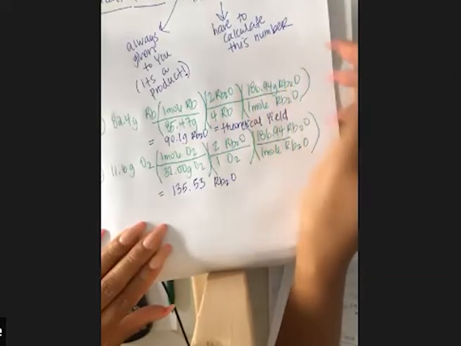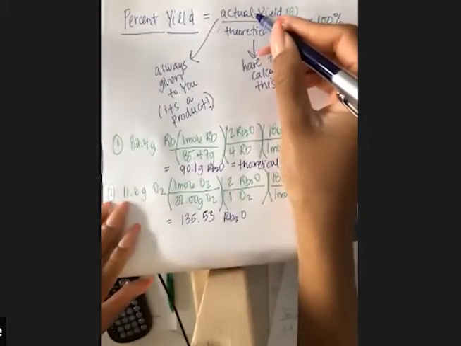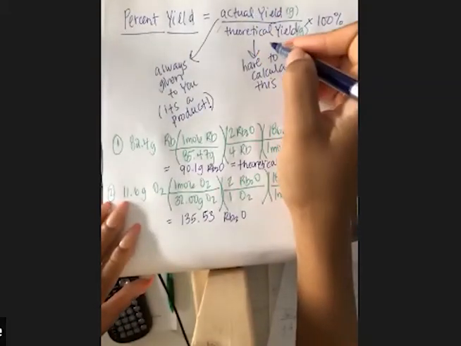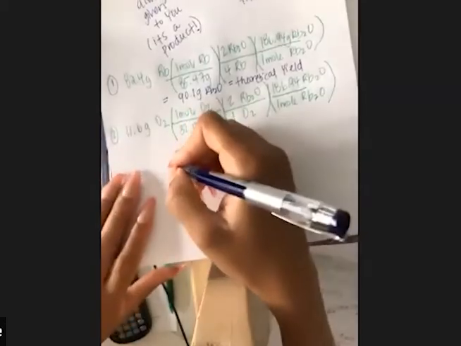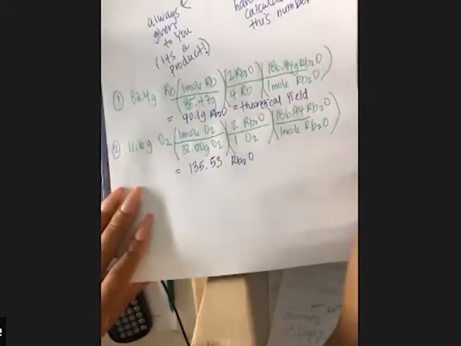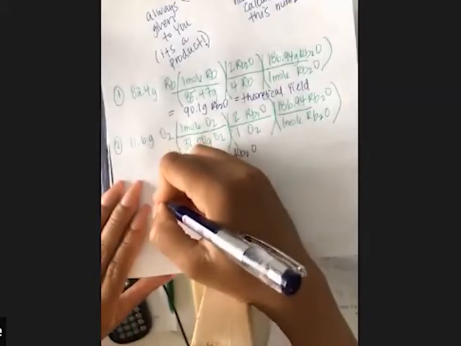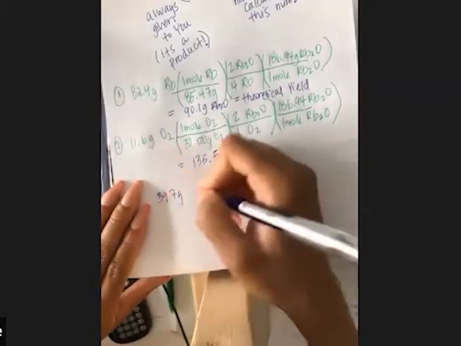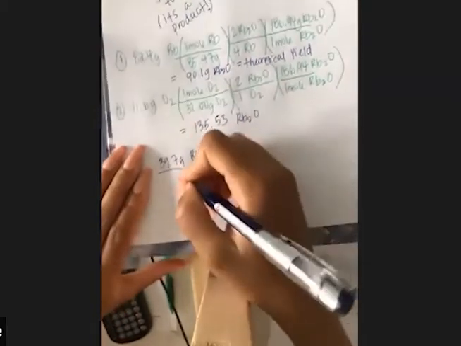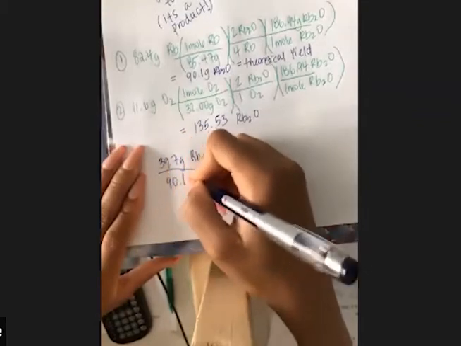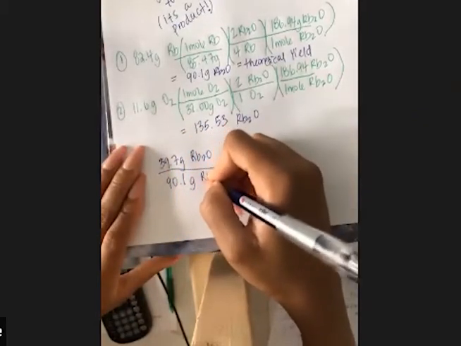So to calculate the percent yield, all we have to say is the actual yield, which is given to us, divided by the theoretical yield, which we calculated. And what is the actual yield off the paper? 39.7 grams of the rubidium oxide divided by 90.1 grams of the rubidium oxide.